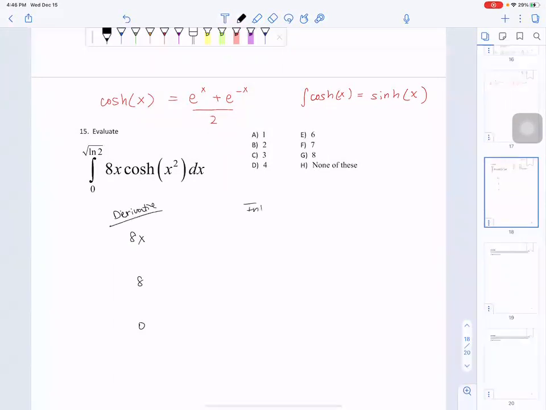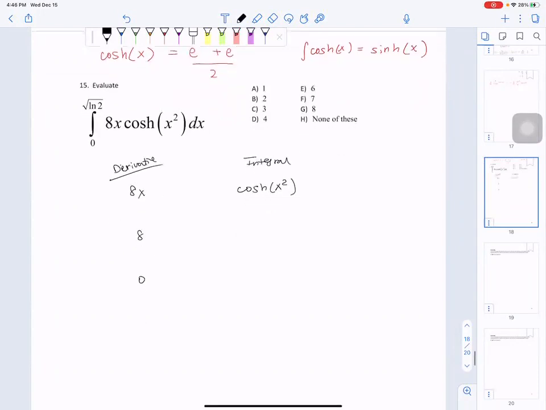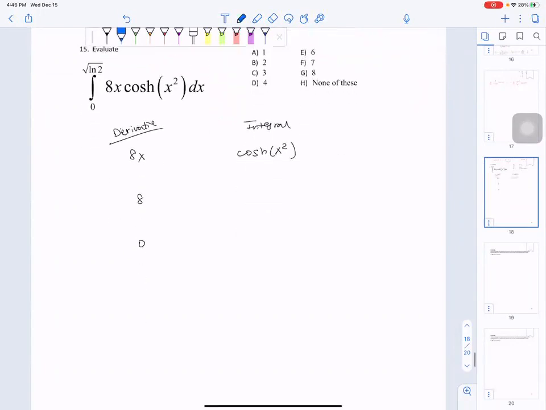On the integral side, we have cosh of x squared. How do we take the integral of that? Let me do a little side note. What is the integral of cosh x squared dx?